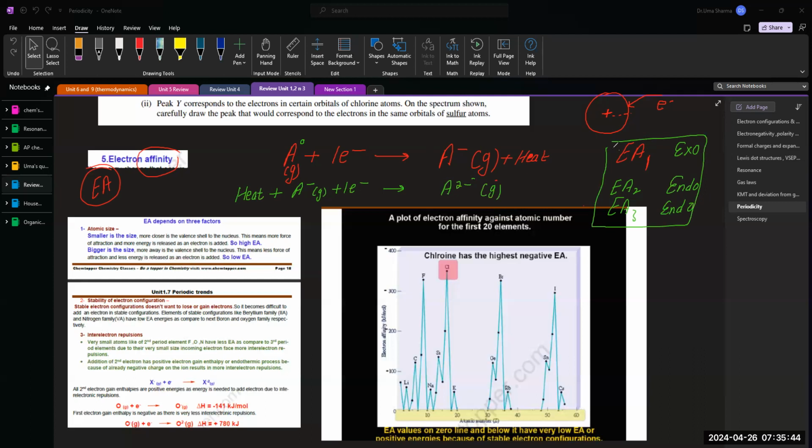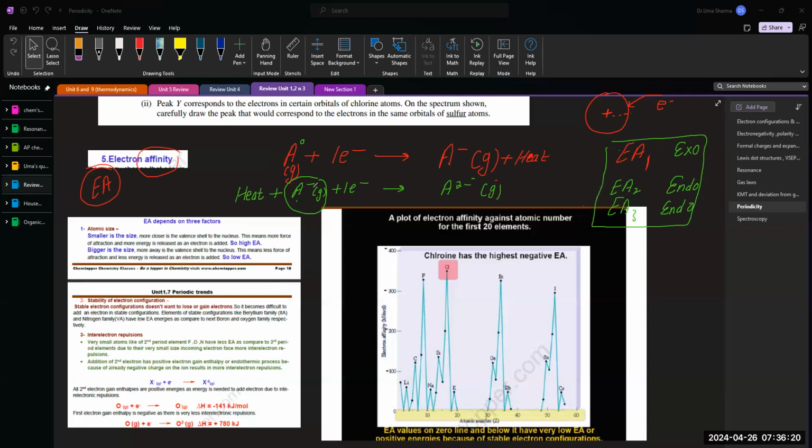Only first is exo because you are adding an electron to a neutral atom, and that neutral atom doesn't have any inter-electron repulsion initially. But after that, you are adding an electron into an ion which has inter-electron repulsion, A minus. So now when you want to add an electron into this A minus, inter-electron repulsion will dominate. Attraction will not dominate. The repulsion will dominate.